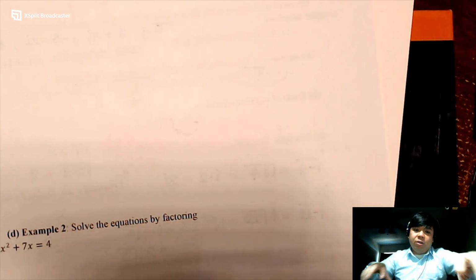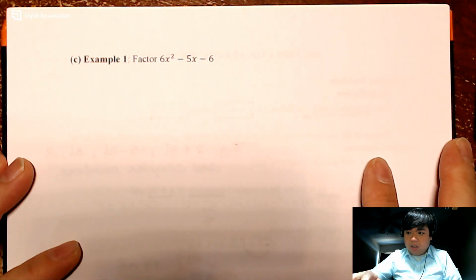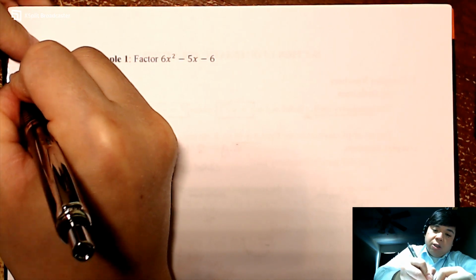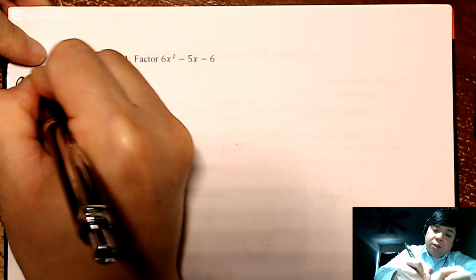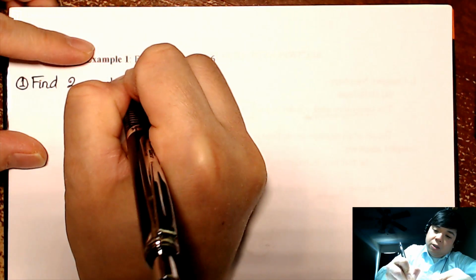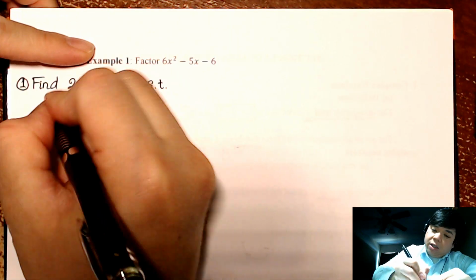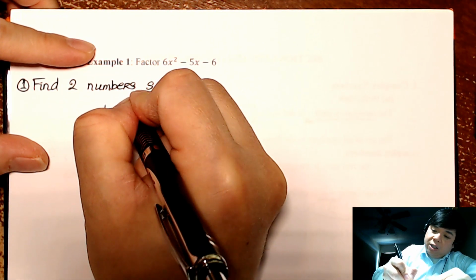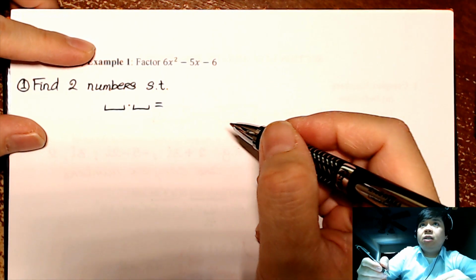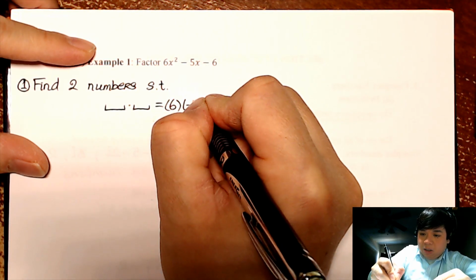Look at one example. Factor 6x squared minus 5x minus 6. So the first step is to find two numbers such that their product, meaning they multiply together, equals the first times the last, the first number times the last number.